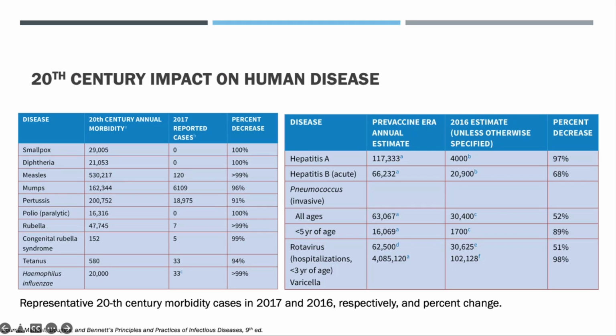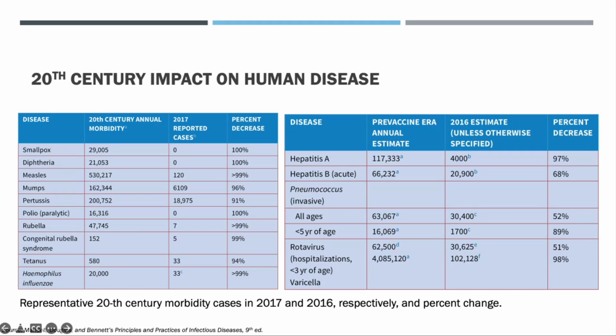It's hard to understate the impact of vaccination on human disease. Here's just a snapshot of some of the decreases in cases as of 2017 and 2016, and the percent decline.